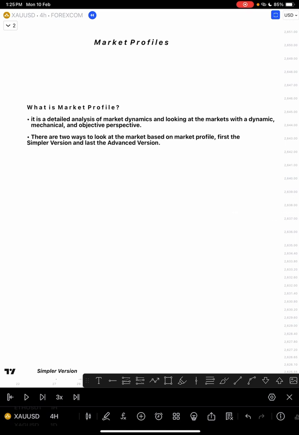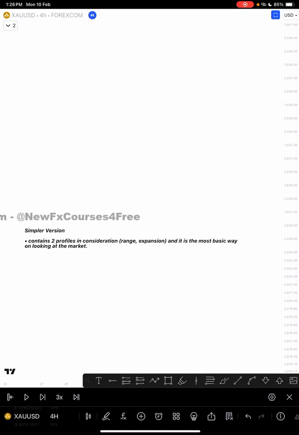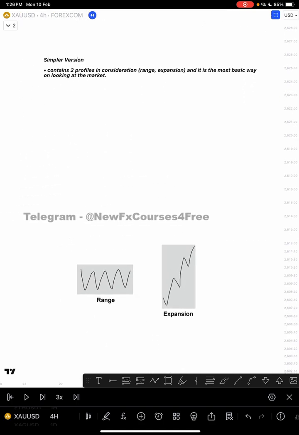There are two ways to look at the market based on market profile. The first is the simpler version, and the last is the advanced version. So going lower, here are some illustrations.